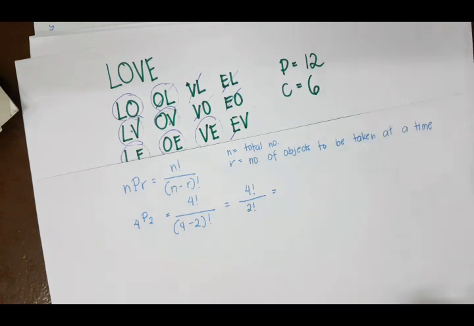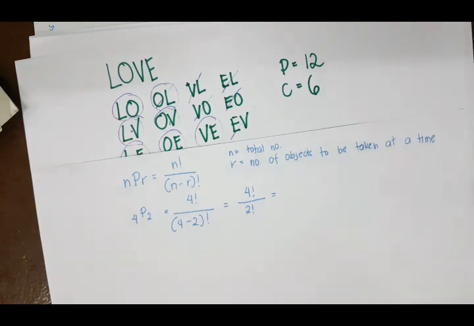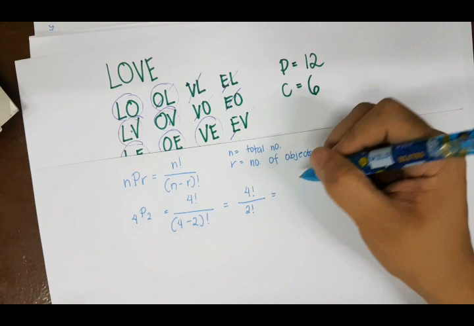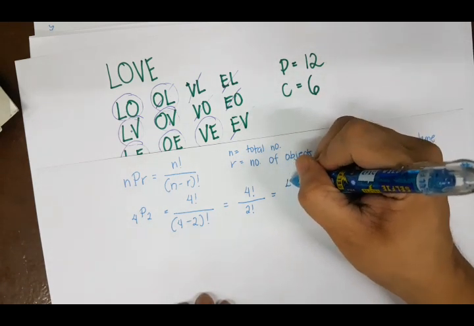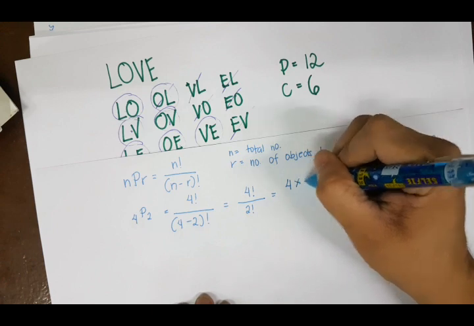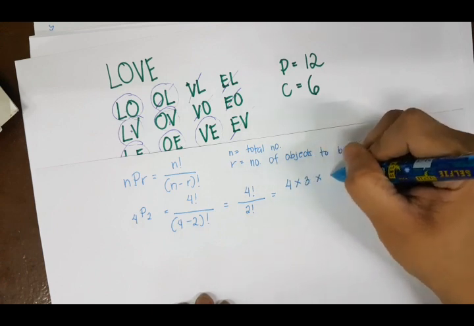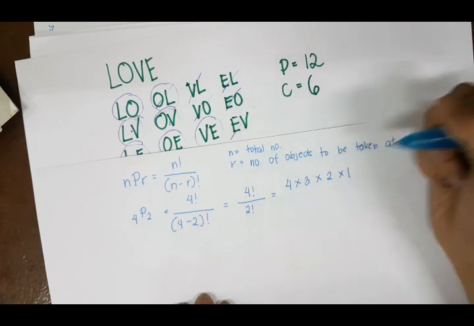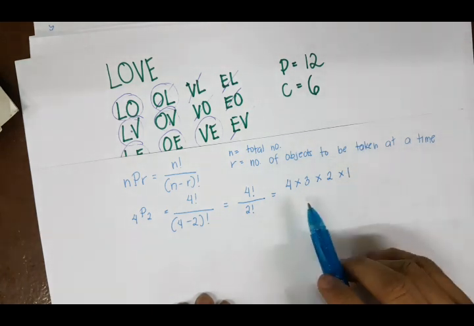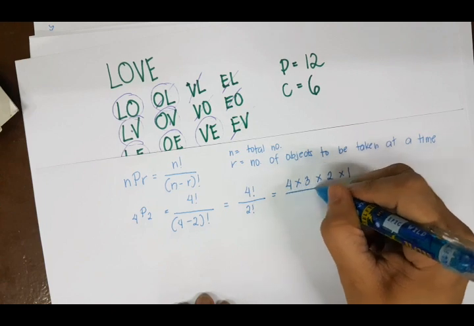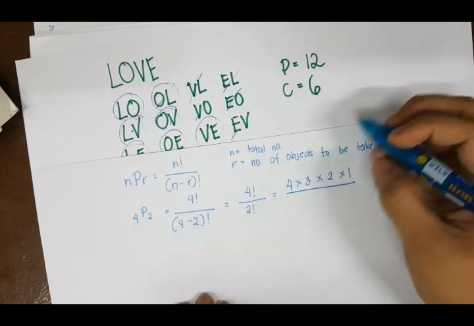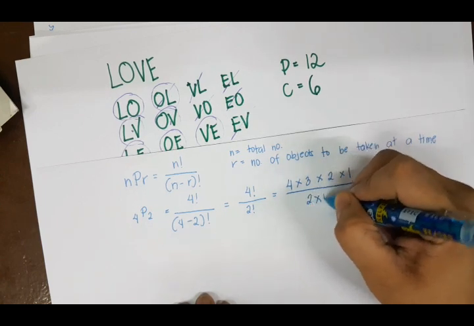So what exactly is 4 factorial? It's just multiplying the numbers. So 4 times 3 times 2 times 1, multiplying numbers down to 1. Next, 2 factorial, of course 2 factorial is 2 times 1.